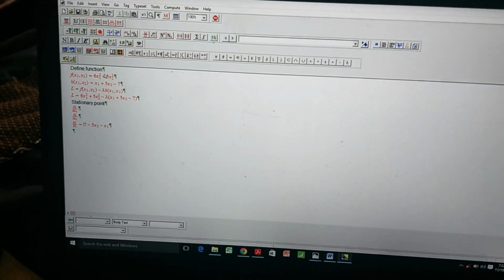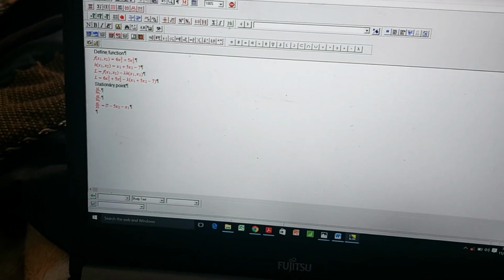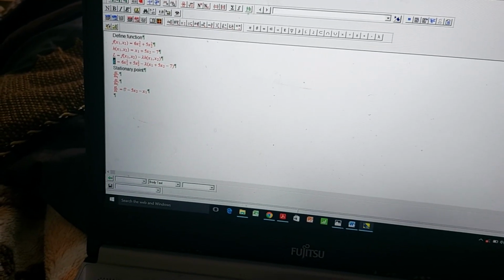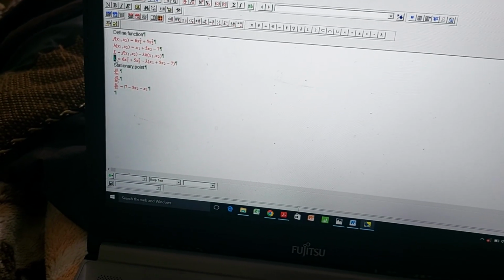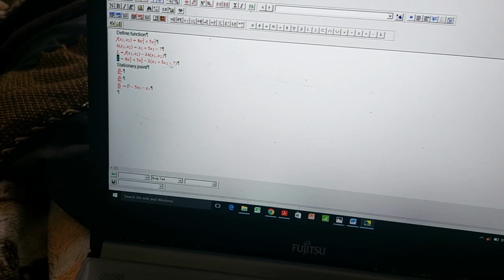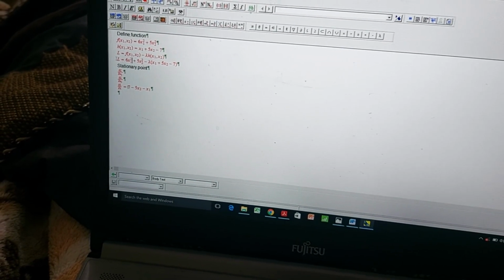One thing that we did wrong was the new introduction of lambda. Sorry, L, the Lagrangian function, is L equal to 6x1 square plus 5x2 square minus lambda into x1 plus 5x2 minus 7. This is the Lagrangian function.